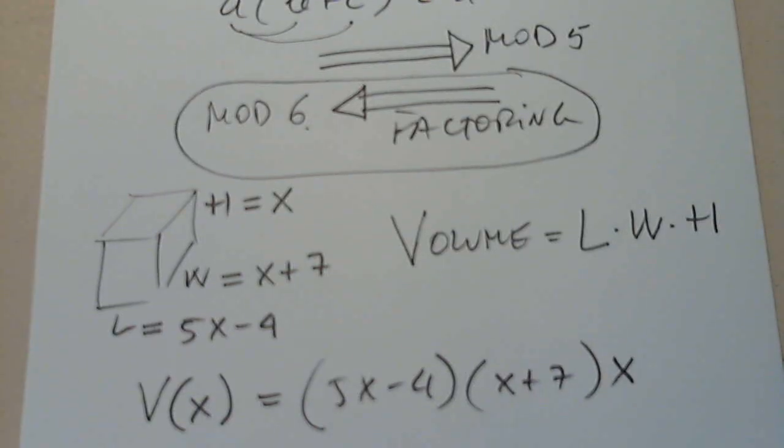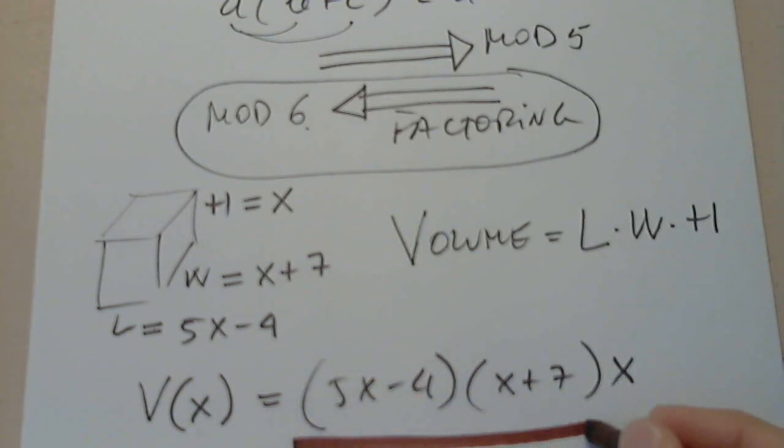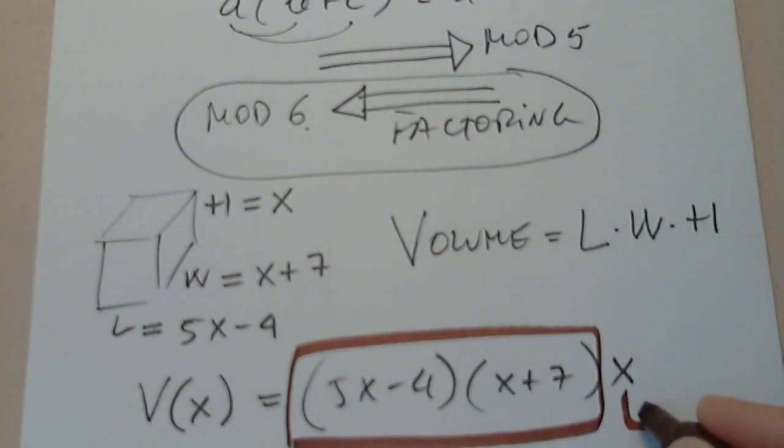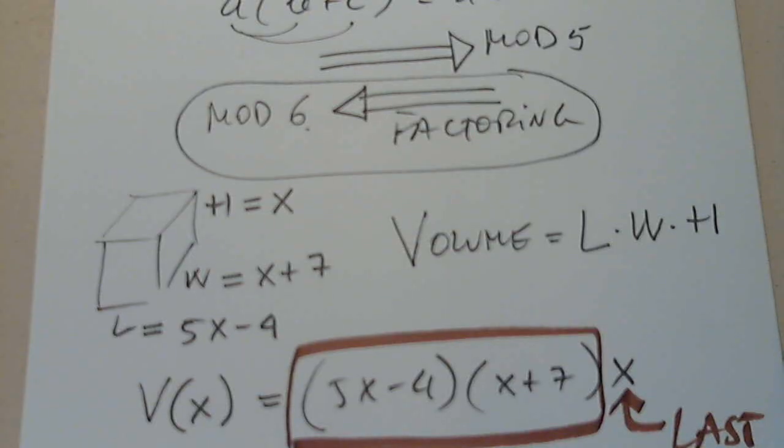Please understand that in this particular setup, first we have to distribute these two. We have to use FOIL. In other words, we multiply two binomials. This has to be distributed last. That is the best step. Can you get the correct answer if you do something else? Yes, of course.